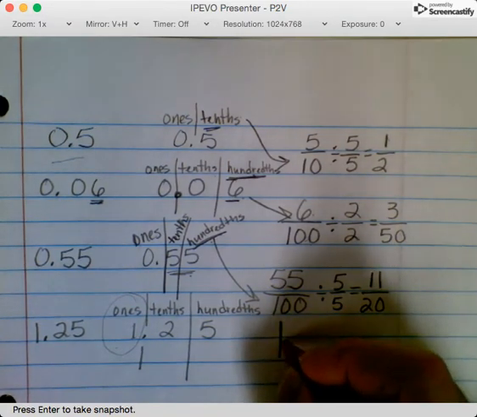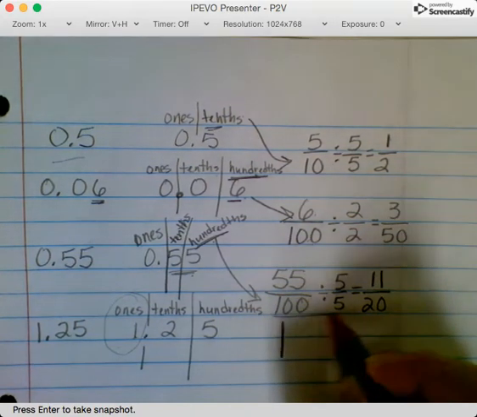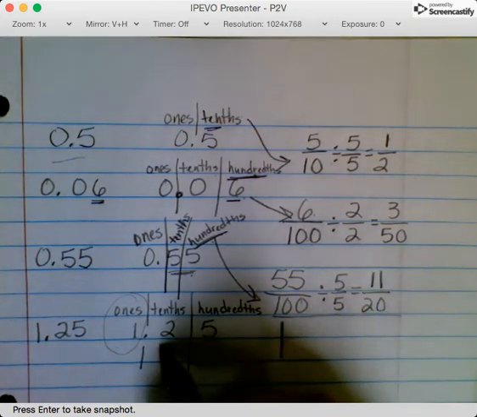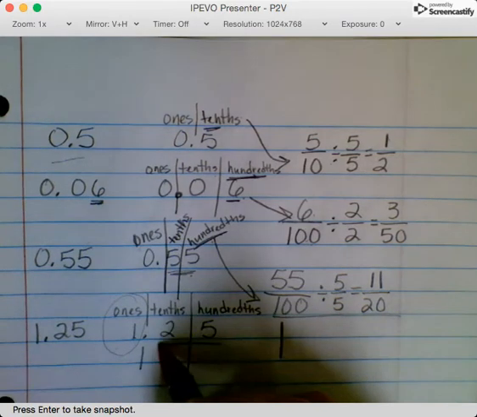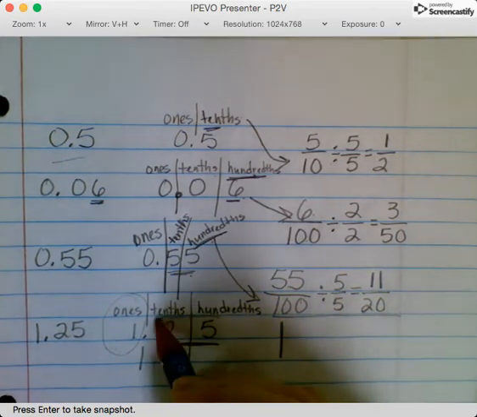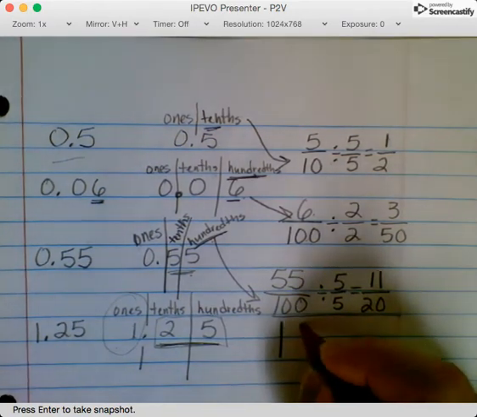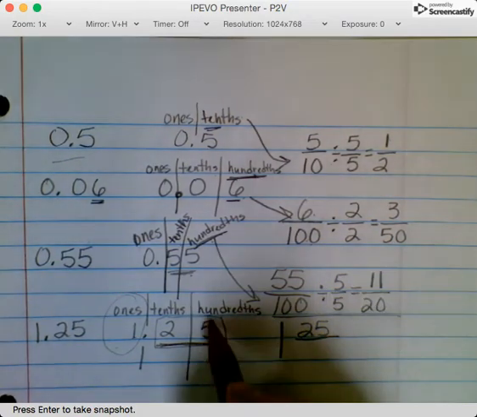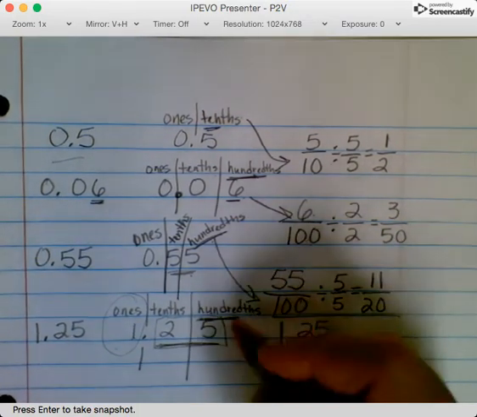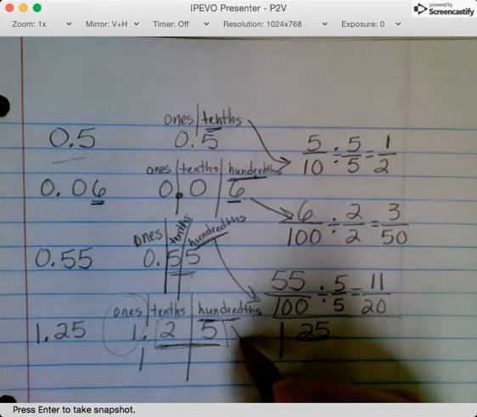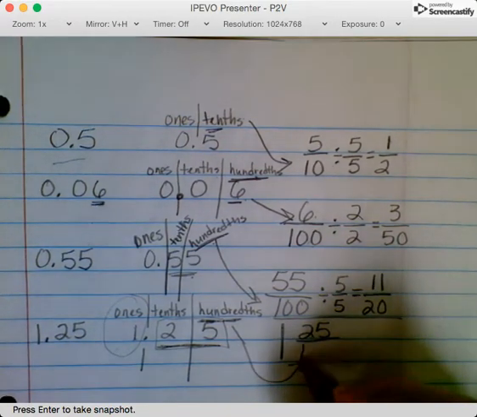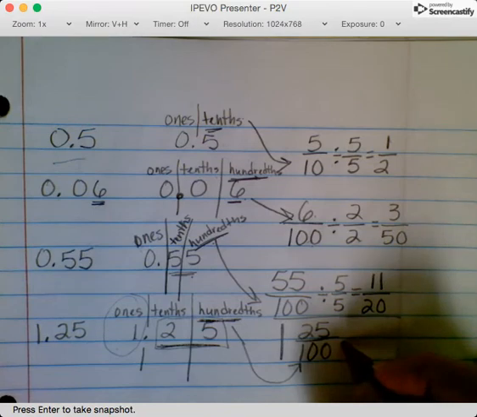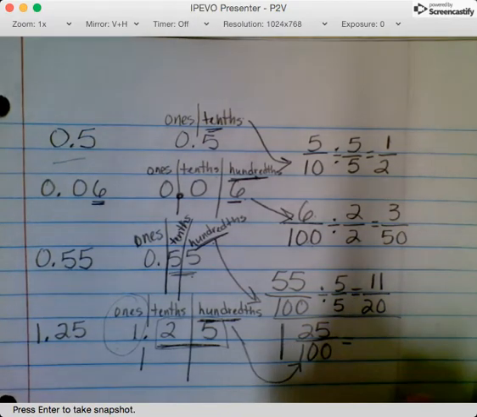And notice I write that bigger. Then I look at my numbers after the decimal. Remember, I put both of the numbers together. So I put 25 on top, and then my place value is the hundredths place, so I take that word hundred, and it tells me I put 100 on the bottom. Now I can also reduce that.